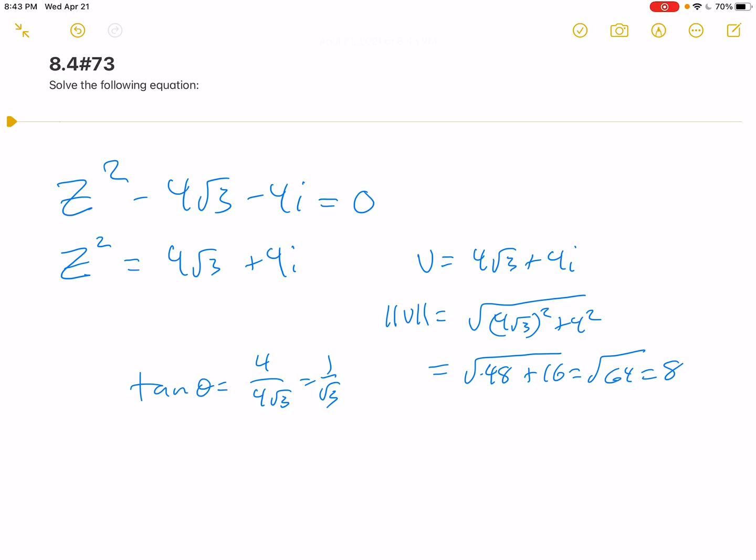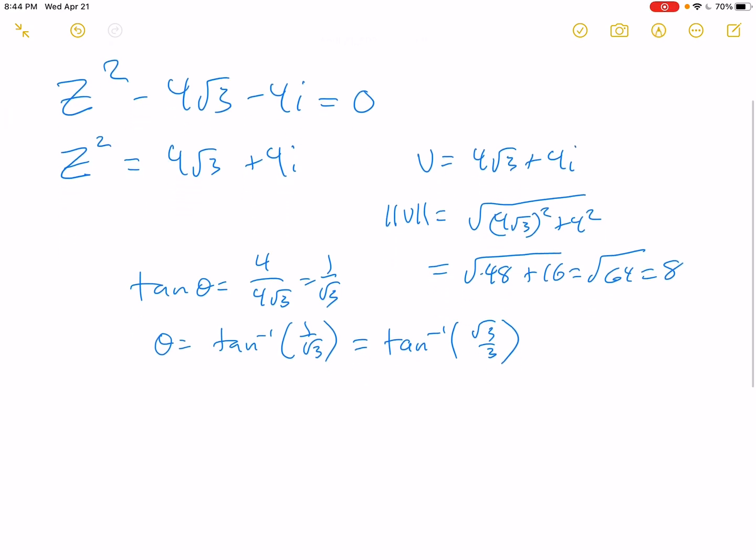So that theta would be tangent inverse of 1 over the square root of 3. And you may have seen that before, by the way, tangent inverse of square root of 3 over 3 from that chart that we memorized, remember, hint, hint. And that means theta is pi over 6.